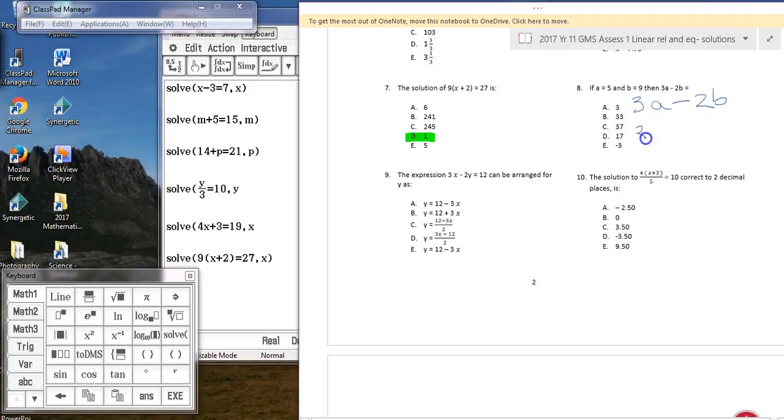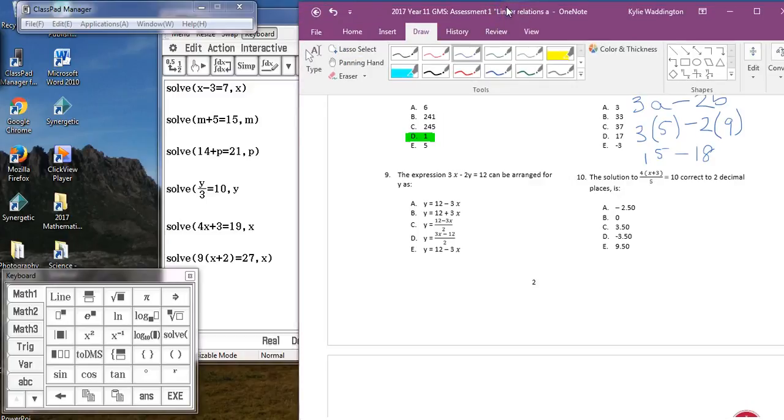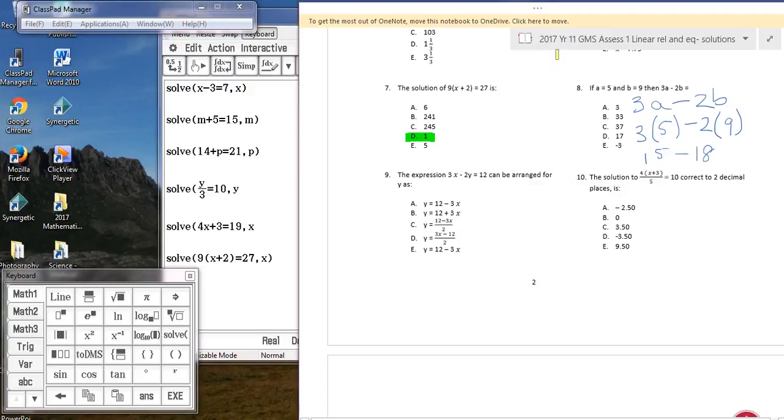So it becomes 3 times 5 minus 2 times 9, 15 minus 18 gives us an answer of negative 3.